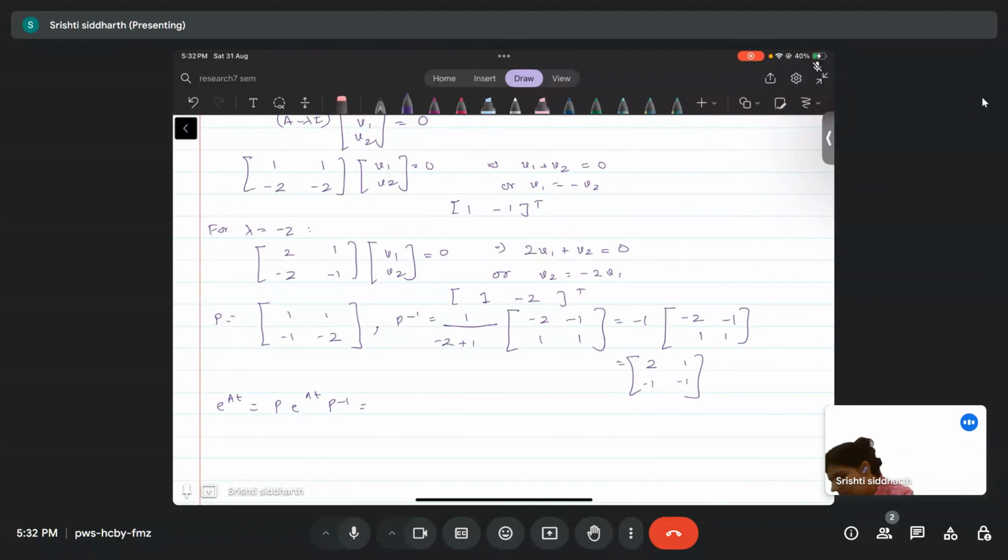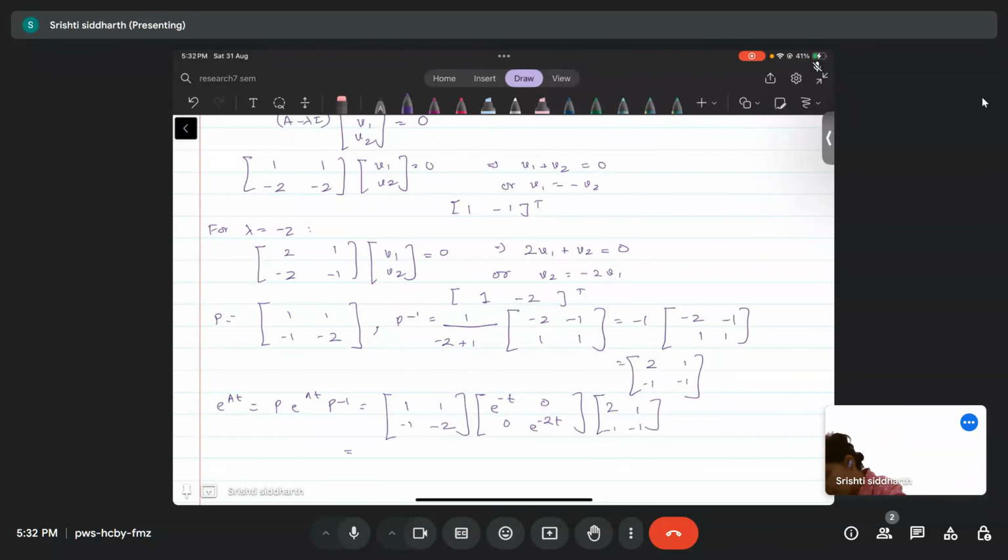Okay, so let's calculate this now. This is straightforward. 1 1 minus 1 minus 2, e to the power minus t, e to the power minus 2t, and then 0 is there. Then we have minus 1 minus 1.